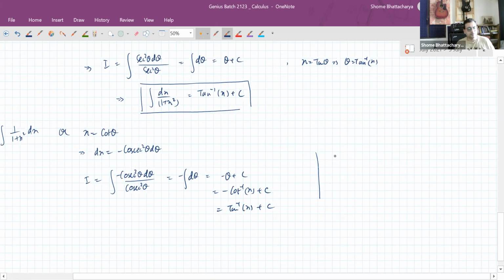Okay, so if tan inverse x is equal to theta, so x is equal to tan theta, which is the same thing as cot of pi by 2 minus theta.